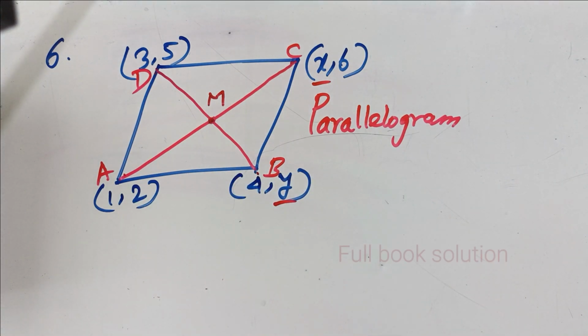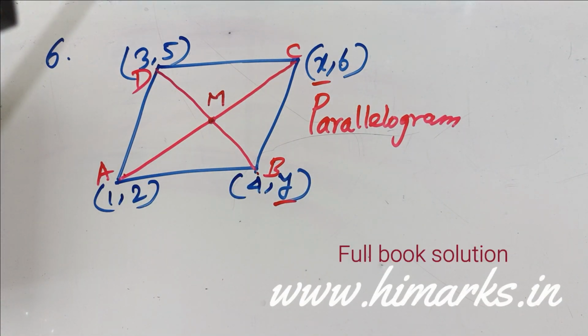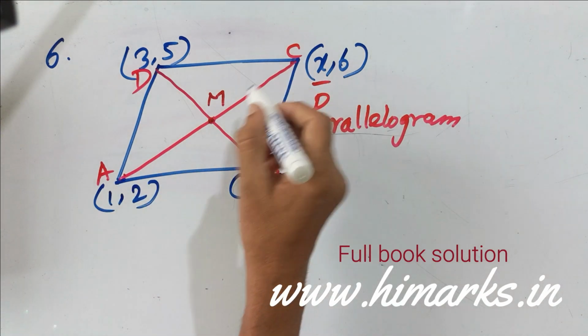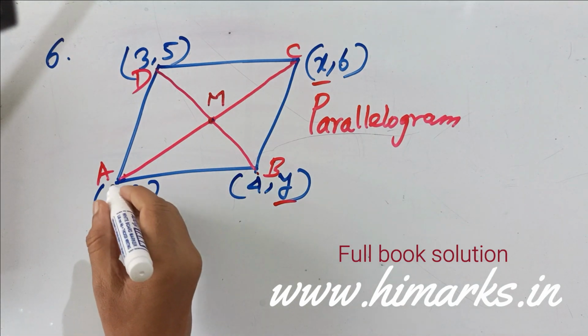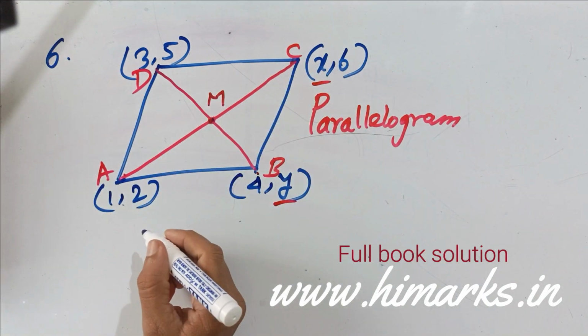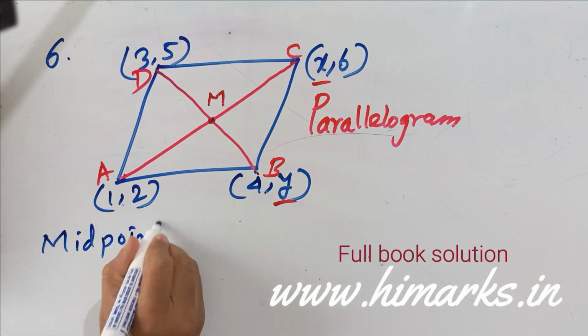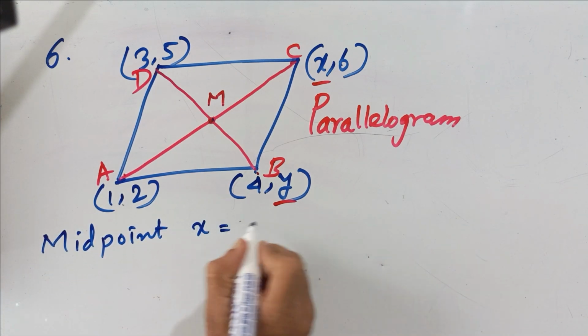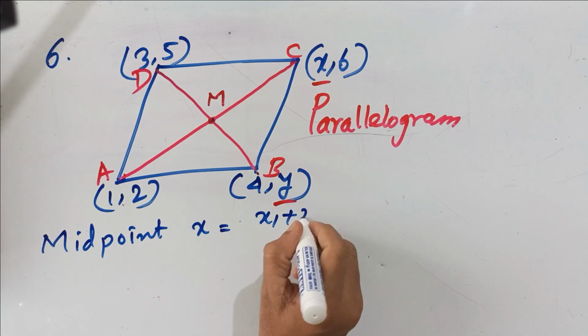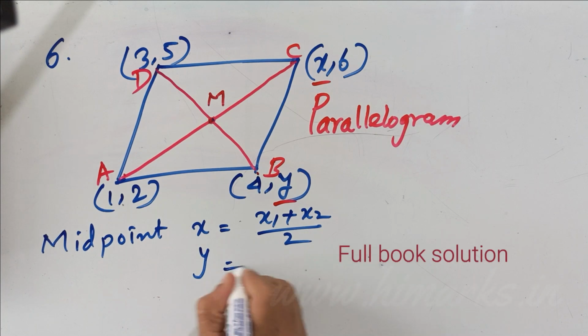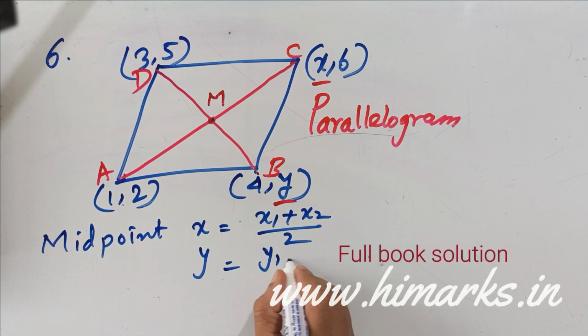So we'll use that, since we know the midpoint formula. For the midpoint of AC, we'll find the midpoint using the formula: midpoint x will be (x1 plus x2) by 2, and in the same way y will be (y1 plus y2) by 2.